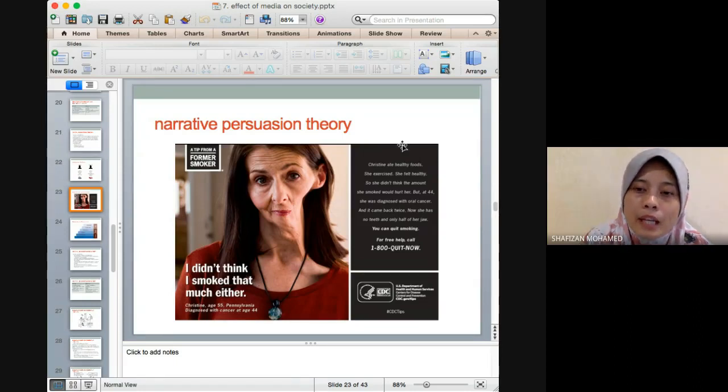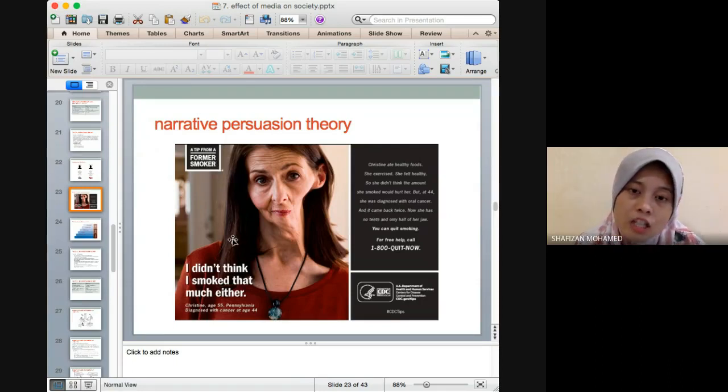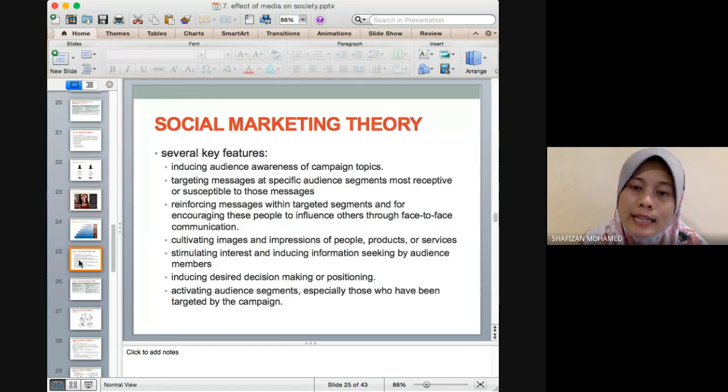Maybe if you are targeting middle-aged female smokers, then you can use this kind of campaign. But if you are going to target young male teenage smokers, probably this will not work at all. So it allows you to identify.